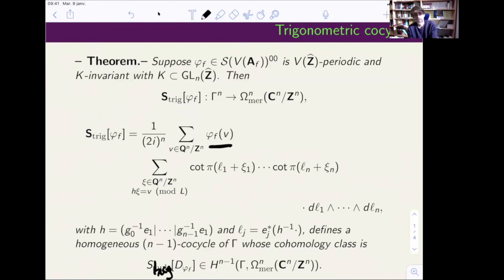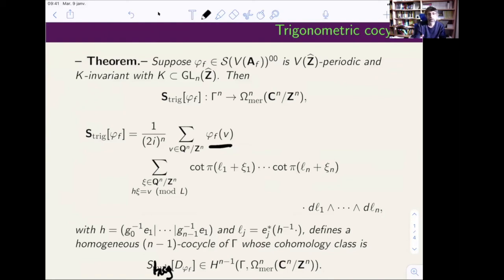What makes me happy is that it makes a relation between n-fold products of these meromorphic forms that are governed by homology classes in gamma. But remember that we can go to part of the boundary of gamma. So this is more than just a cocycle like that. It's really a map from partial modular symbols to meromorphic forms.